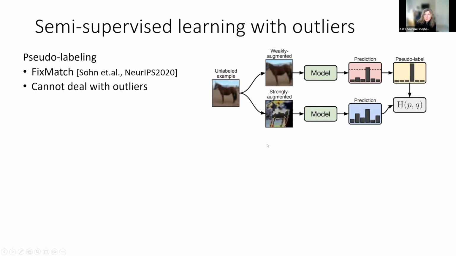In semi-supervised learning, we have some labeled data and a bunch of unlabeled data. So the problem we're posing here is, what if the unlabeled data had unknown categories in it? In that tree example I showed, maybe we know of certain trees, but then the unlabeled data has other trees that we don't have labels for. So how can we deal with this issue when we're training a model in the semi-supervised fashion?